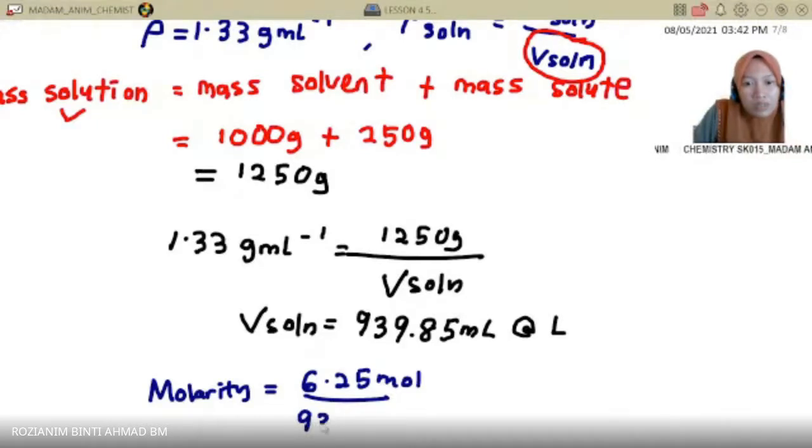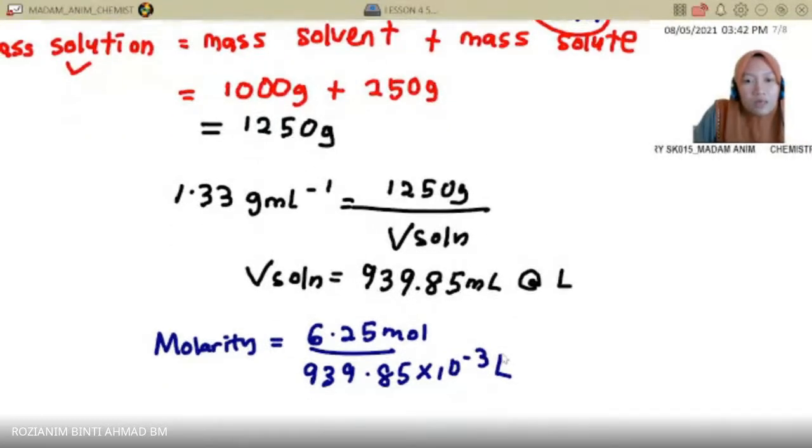939.85 times 10 to the power of negative 3 liter. So you tekan calculator, unit kita adalah mol per liter. So the answer here should be 6. Sorry. So 6.